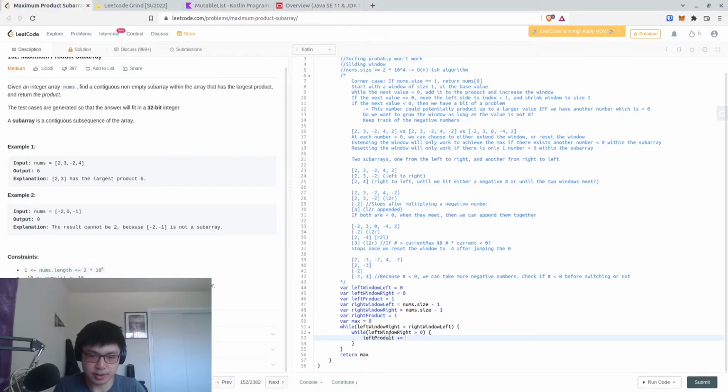Left product times equals nums at left window right. We can start it at nums 0. So while the next number is greater than 0, then we add it.